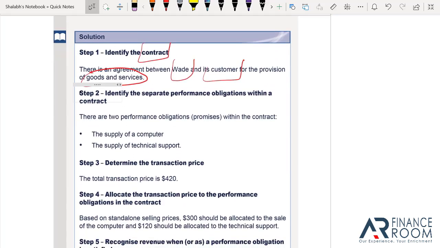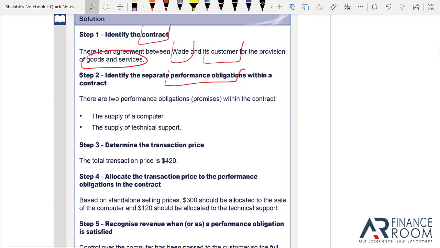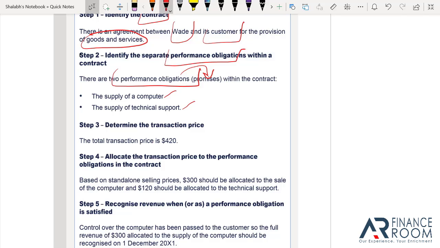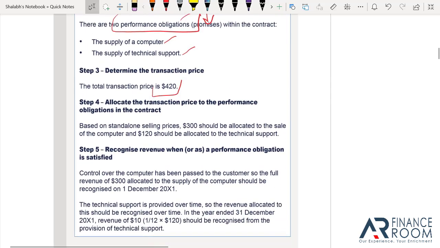Now we are going to step number 2, which is P. P stands for performance obligation, which says identify the separate performance obligations. What are the two performance obligations? Even here the word used is promise: supply of computer and supply of technical support. Transaction price is $420. How do you allocate this?